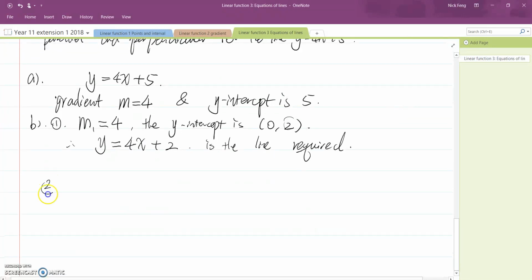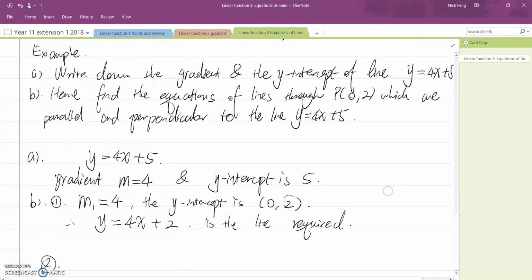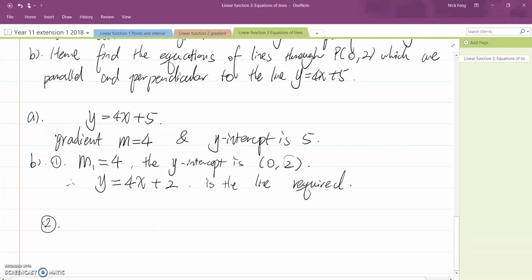Okay, part 2. Now we need to find a line that is perpendicular to y equals 4x plus 5, which also passes through the point (0, 2). In this case, remember, perpendicular lines mean those two gradients multiplied together equals -1.